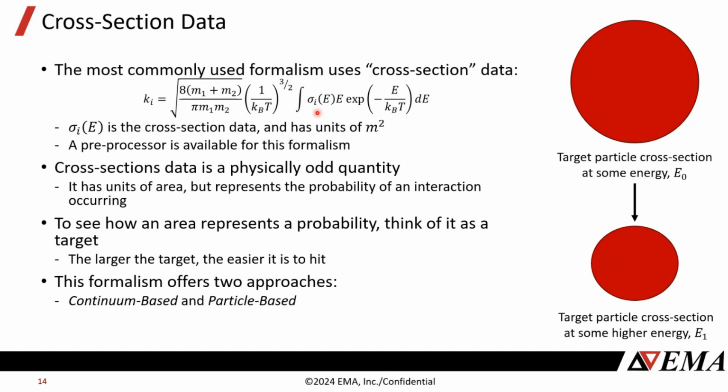The particle-based approach uses the actual individual temperatures of macroparticles within a mesh element, and you'll have multiple macroparticles within any given mesh element. The continuum-based approach instead takes those macroparticle quantities and converts them to some continuum data that is then used for computing this reaction rate coefficient.